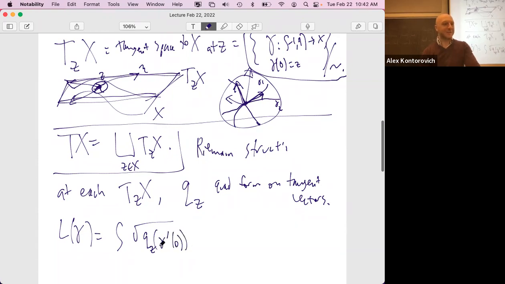So this is now some tangent vector integrated with this square root, at each point moving through these different terms.